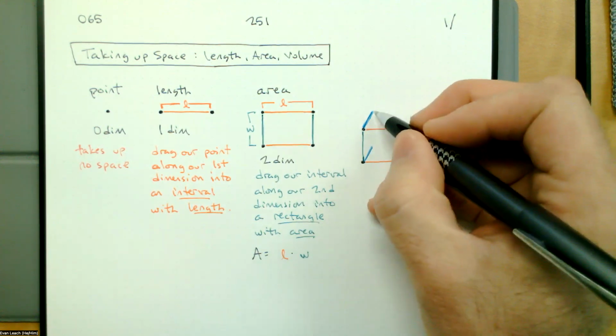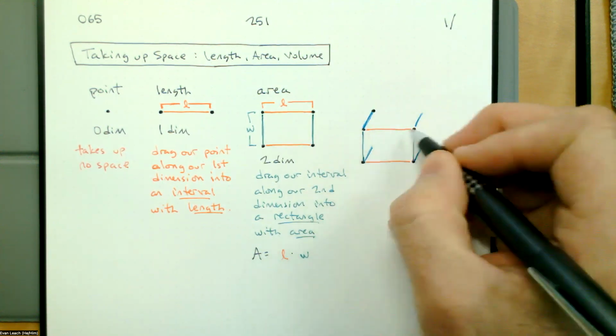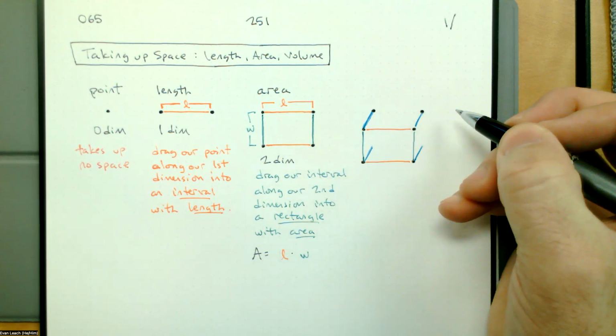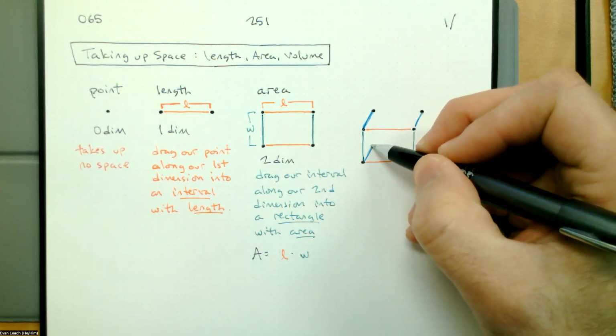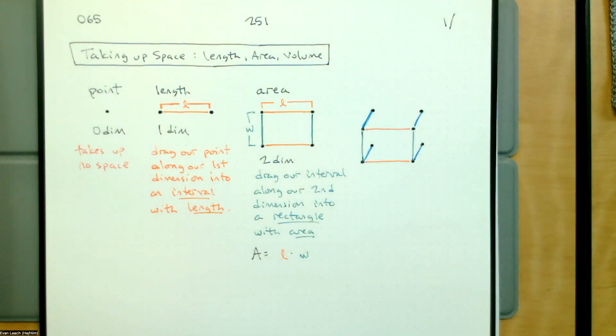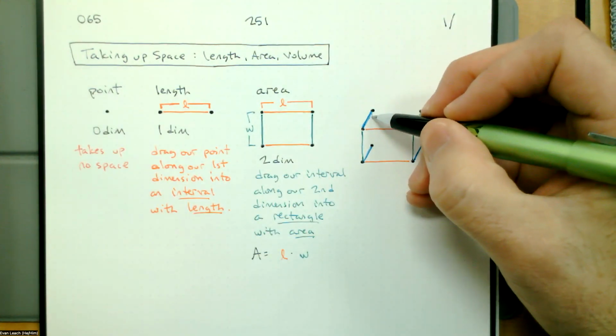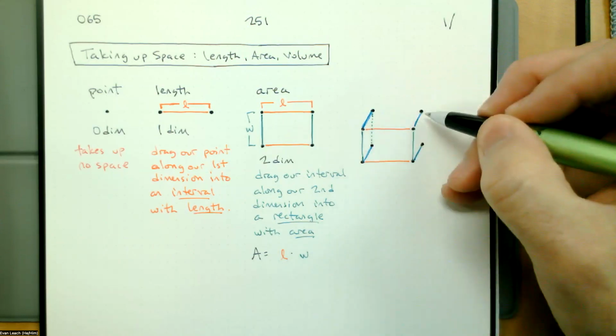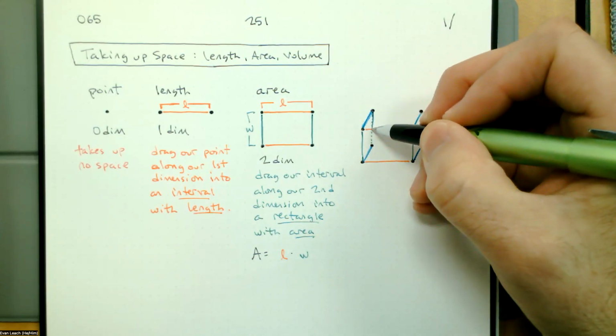So here's our original point that got dragged into a length and then got pulled down into an area and now has been stretched backwards or pulled forwards into a volume.